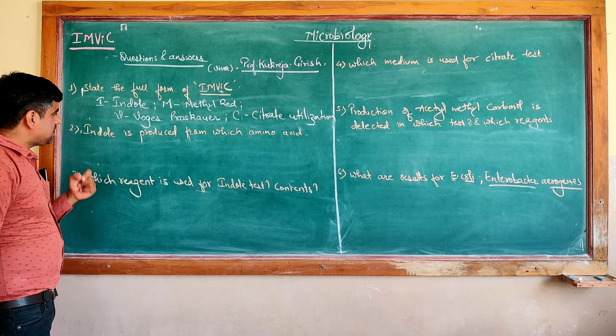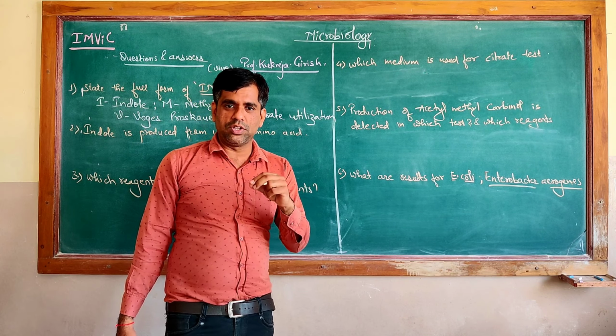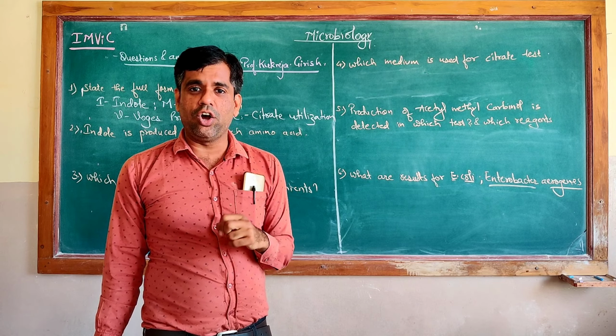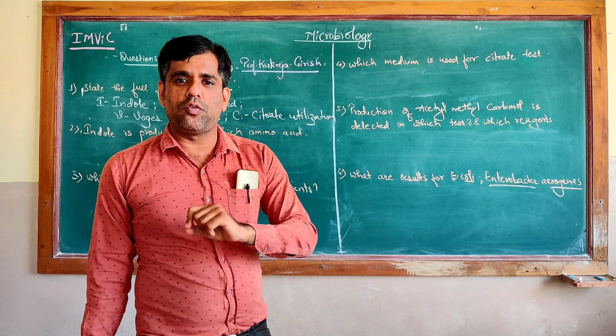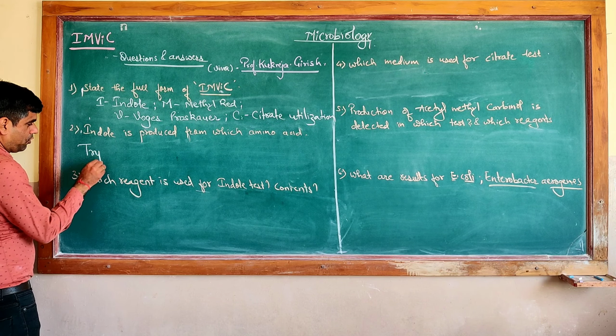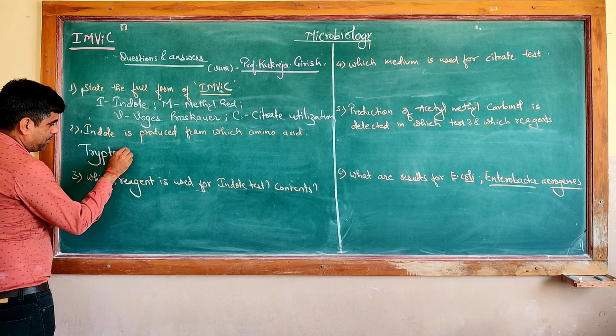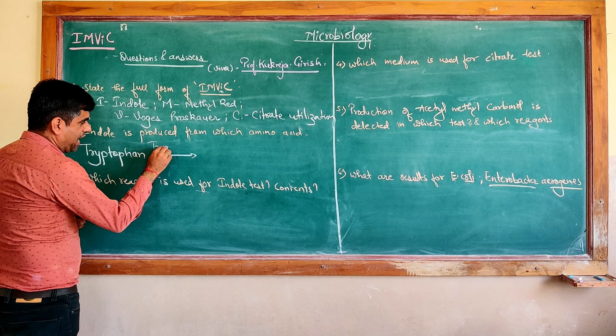Second one: indole is produced from which amino acid? Now you know that for checking the production of indole, you inoculate the organism in 1% peptone broth or 1% tryptone broth, which contains the amino acid tryptophan. Remember, the aromatic amino acid tryptophan. The enzyme here is tryptophanase.